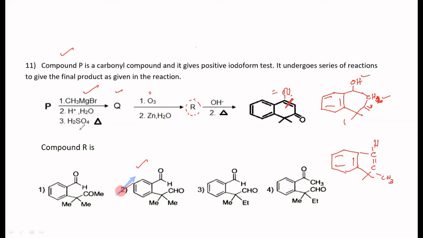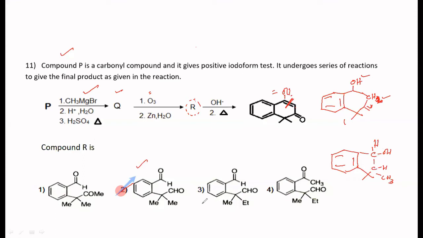And that Q is formed from all these reactions. First of all, H2SO4 and heat means there has to be one OH and H here, isn't it? It is like this. This is OH and H here. Remove that double bond. That is single bond it becomes. That is before you make it react with acid.